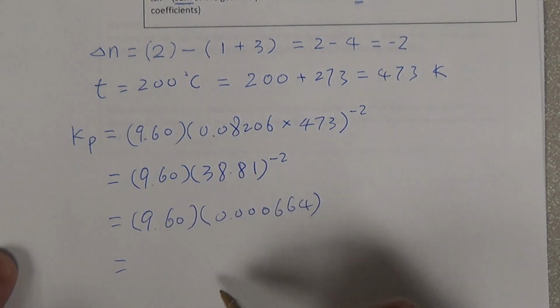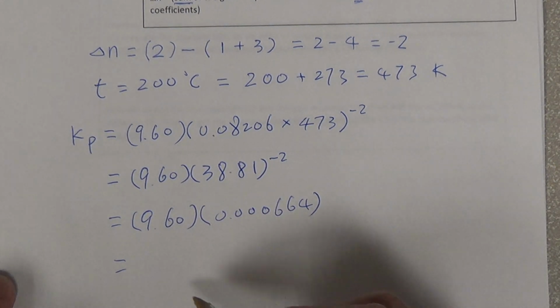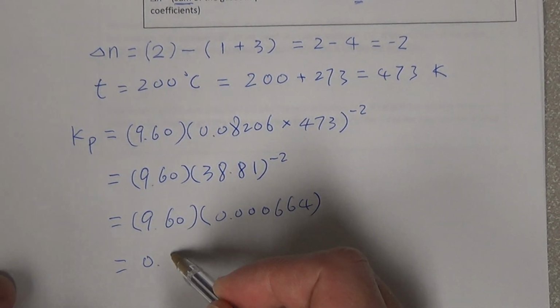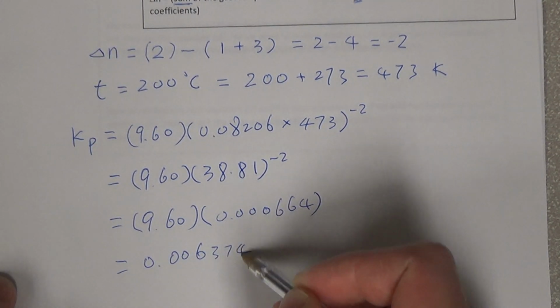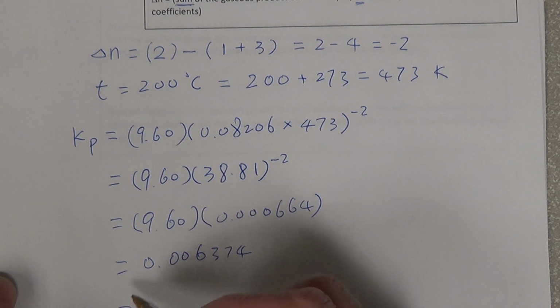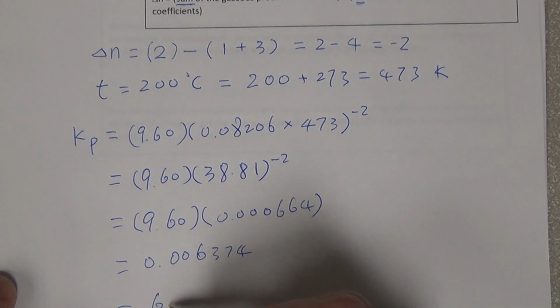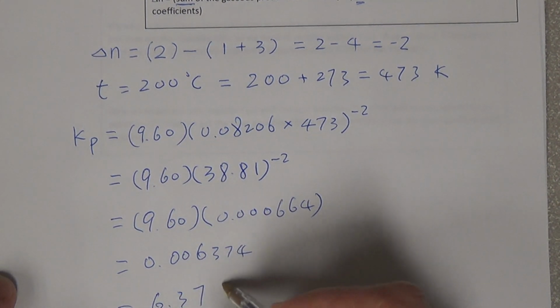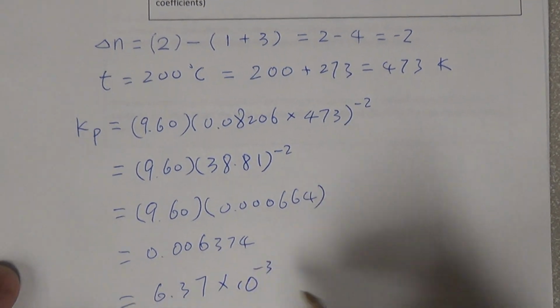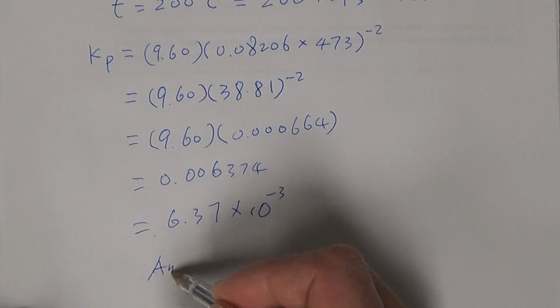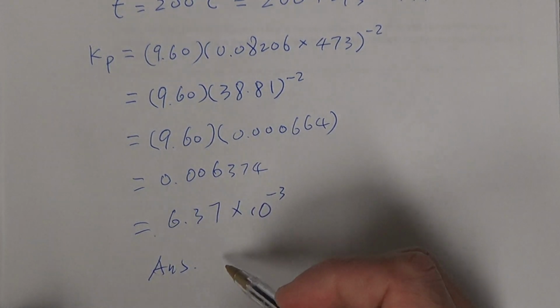Then finally you multiply these two numbers, you get 0.006374. We will use scientific notation, write as 6.37, keep 3 sig figs, times 10 to the negative 3. So therefore this answer is B.